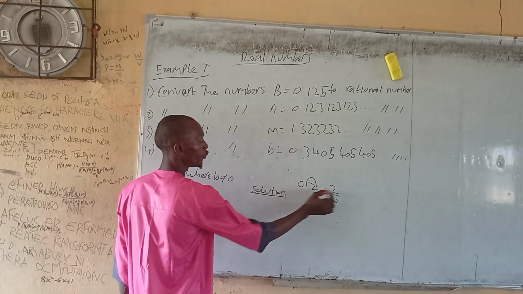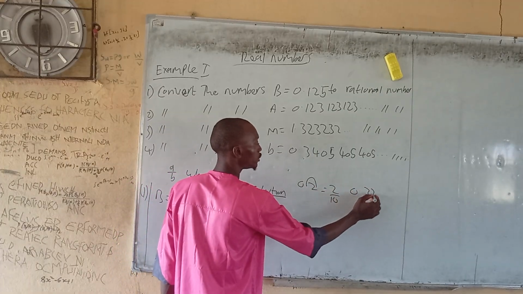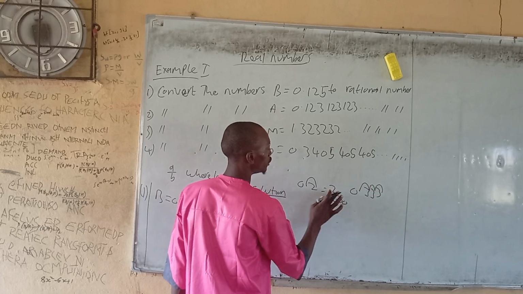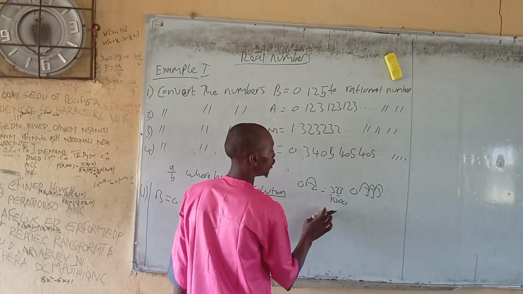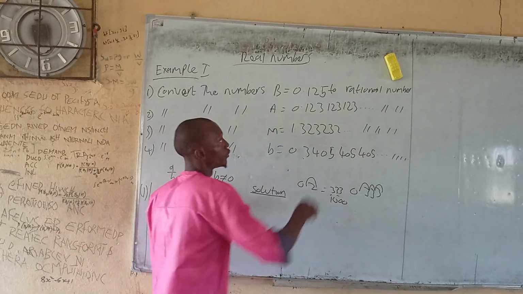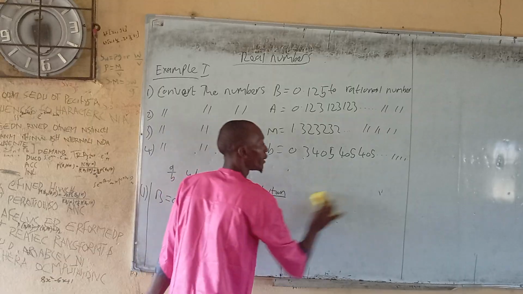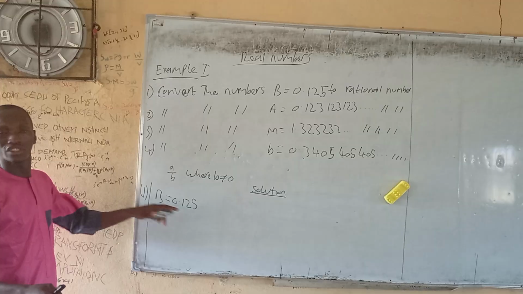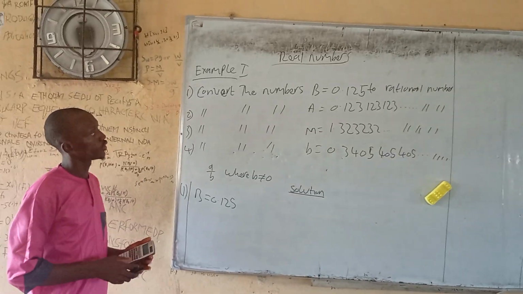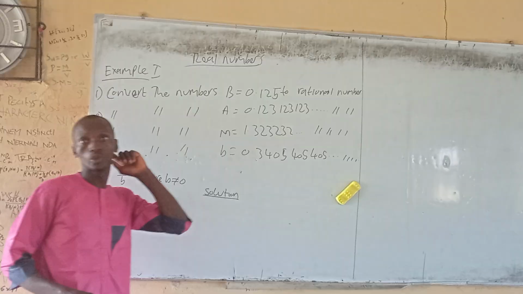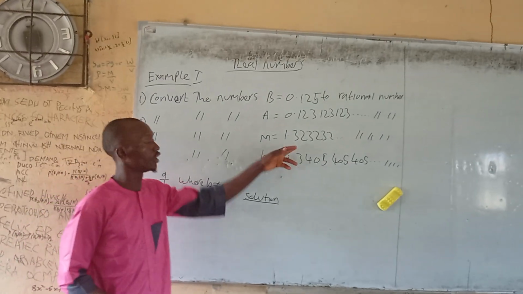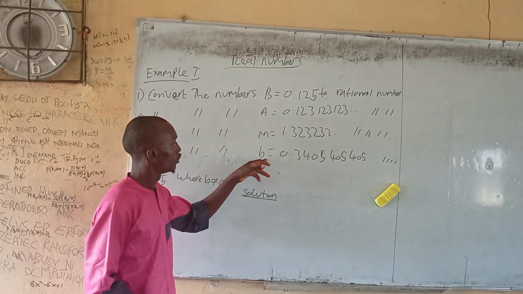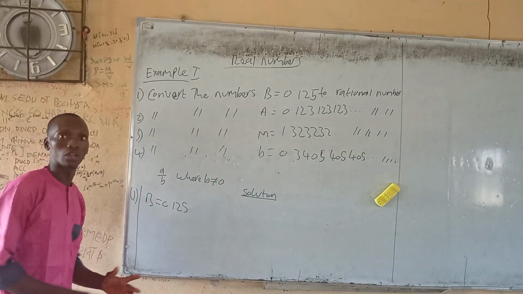If you have 0.333, the top will be 333. If the point moves 4 times, you put that number over 10,000. That is the first method, but I want to use another method because for some decimals we can't use that method to get the answer right. So we're going to use another method.